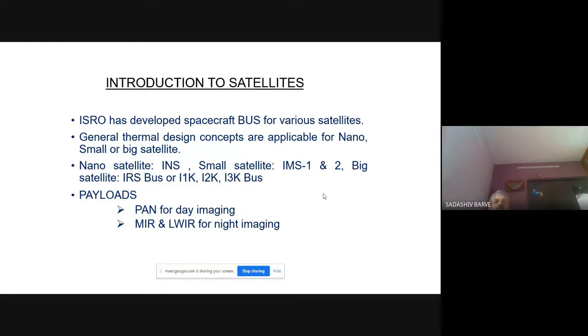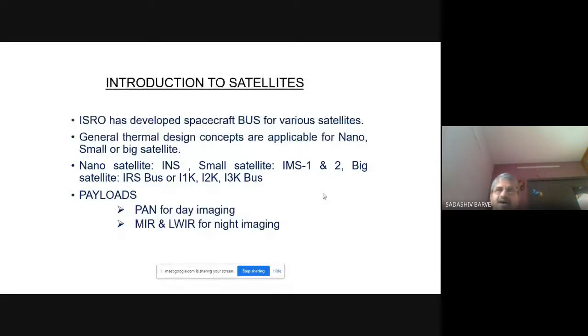Now, with respect to the payload, most of the time for nano or medium satellites we come across remote sensing. In the remote sensing area, we can have image-taking cameras which can be panchromatic, or middle infrared, or long wave infrared. Now, a panchromatic camera has certain limitations.